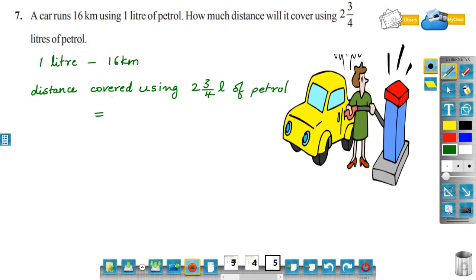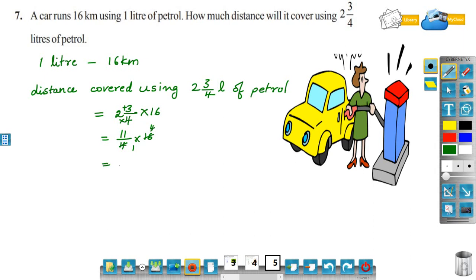That is equal to, for 1 liter 16 kilometer, for 2 3/4 liter the distance covered is 2 3/4 into 16. Now convert into improper. 4 2s are 8, 8 plus 3, 11 by 4 into 16. 4 1s are 4, 4 4s are 16.